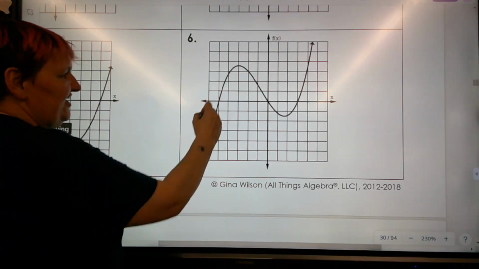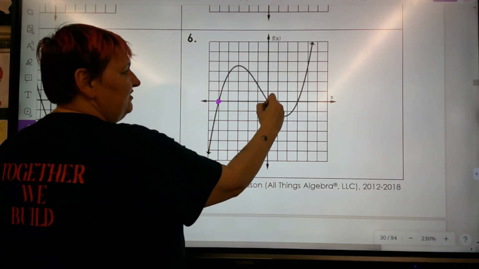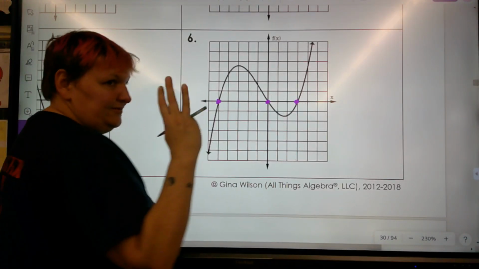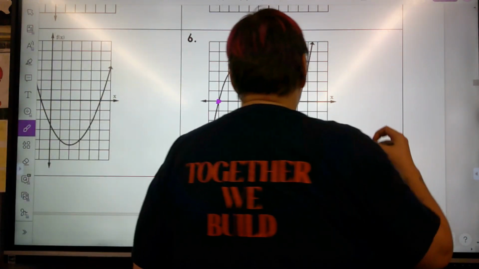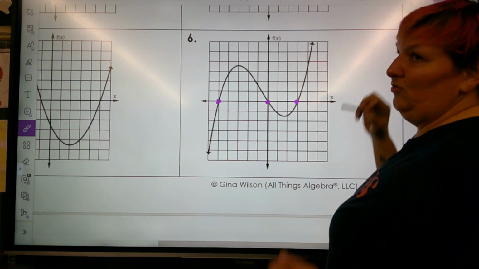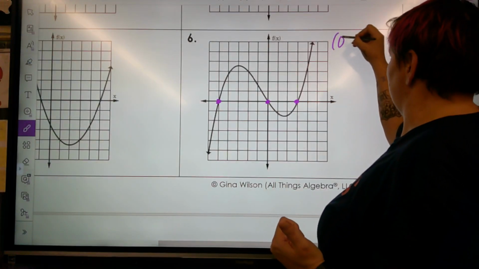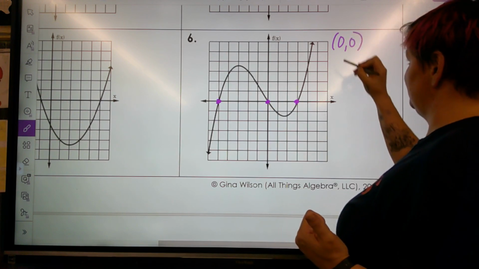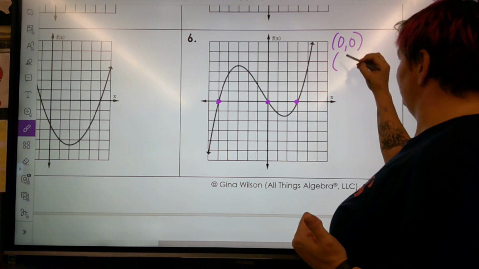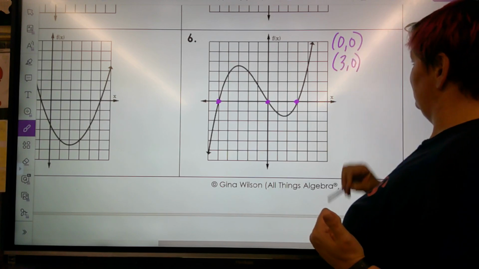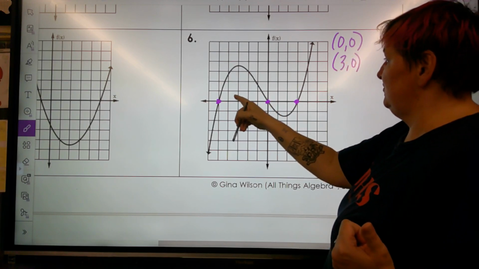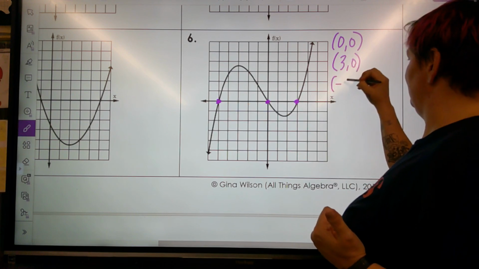This is why it's so important to figure out how your teacher works. Alright, it crosses the x-axis 1, 2, 3 times. So I should have 3 answers. Let's do ordered pair first. 0, 0. Because that's the origin. 1, 2, 3, 0. And 1, 2, 3, 4, 5, -5, 0.